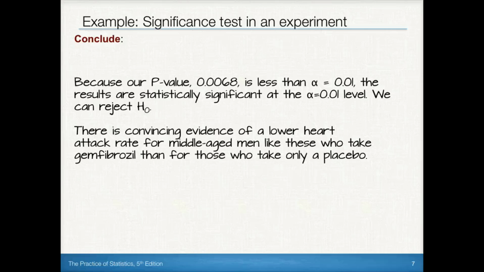Because our p-value is less than 0.01, the results are statistically significant at the 0.01 level. We can reject the null hypothesis. In context, we have convincing evidence of a lower heart attack rate for middle-aged men like these who take gemfibrozil than for those who take only a placebo.